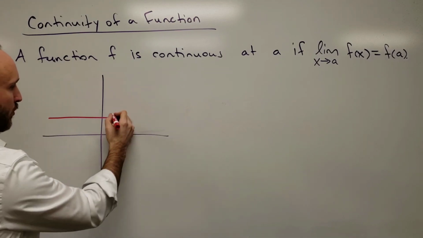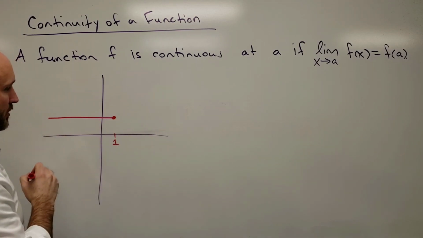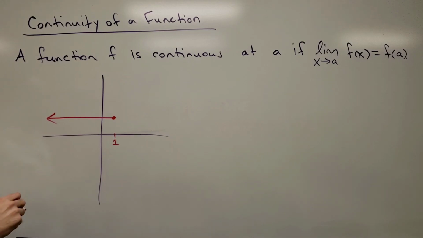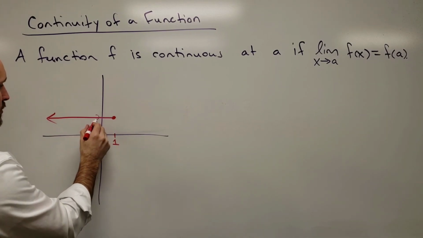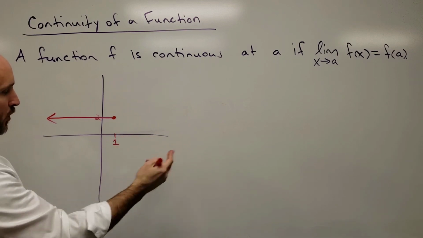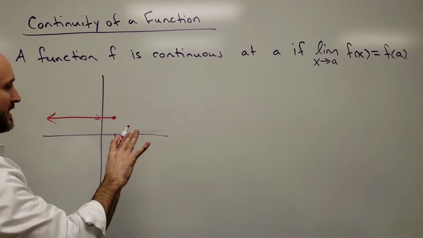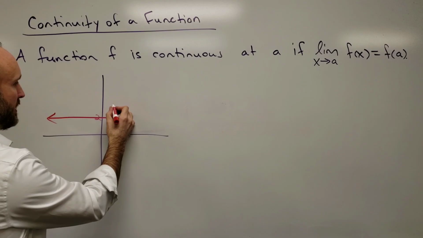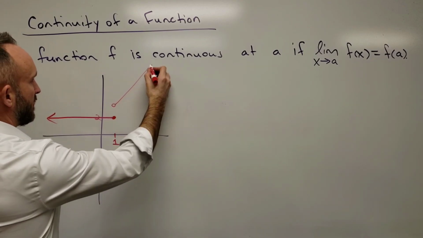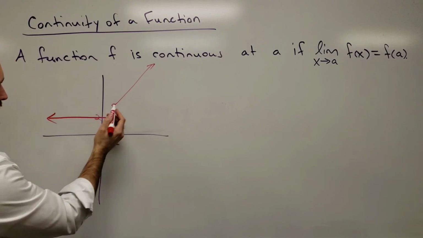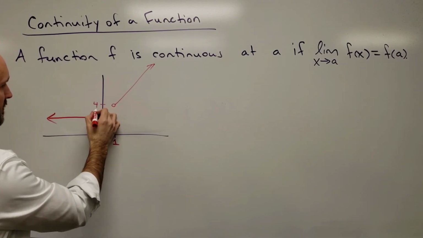And when it reaches that point, it terminates with a closed circle. Let's say it goes to the left forever. It's a horizontal line, and let's say this y value is 2. And then after 1, it picks back up with a different function, maybe a straight line again, that starts with an open circle and goes off diagonally in that direction. And let's say that this y value is 4.